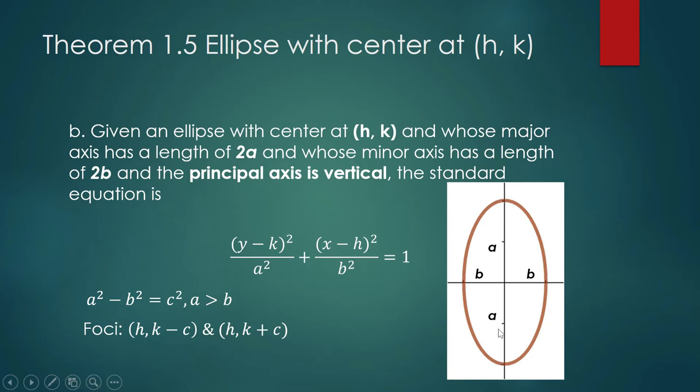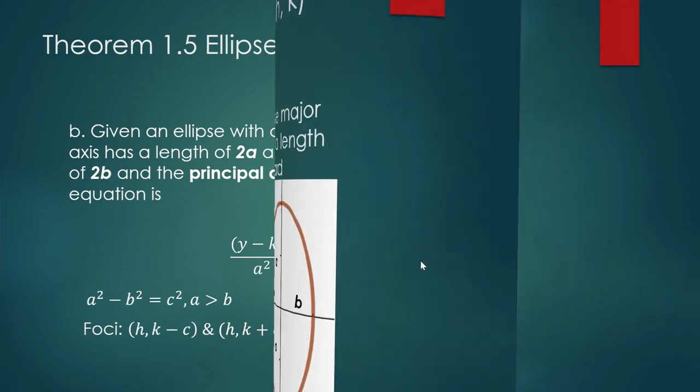Since our principal axis is vertical, the vertex, the focus, and the center all have the same x coordinates. So what's going to change is the y coordinate. From the center, you add c vertically to locate one focus. And you add the negative of c, that's the same as k minus c, vertically to locate the other focus.